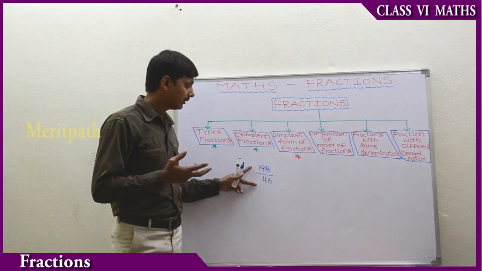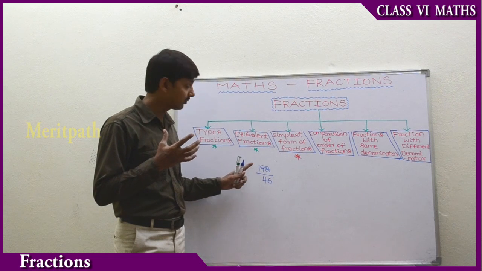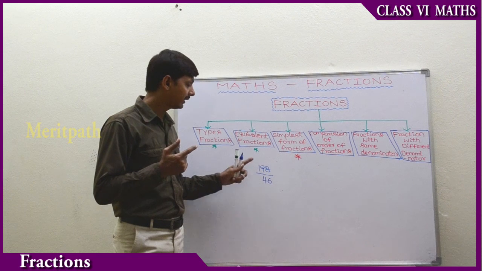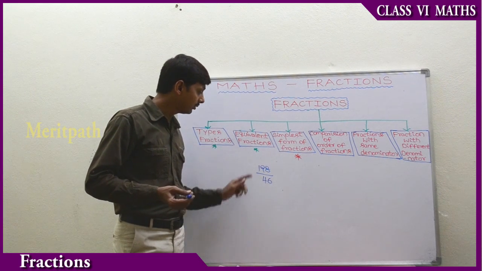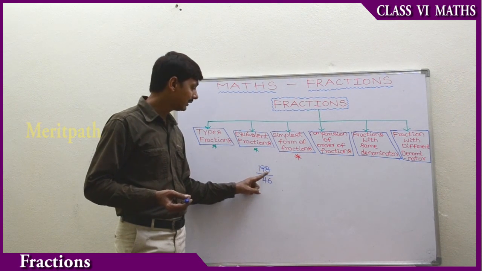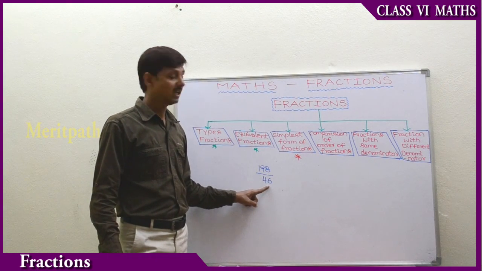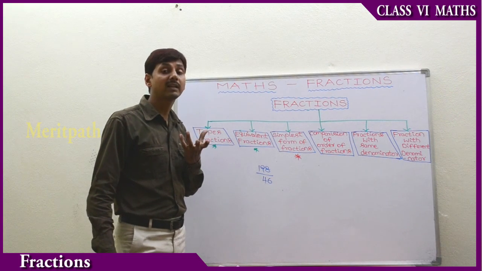So this is a fraction. In this fraction we can observe there is a common factor. We can take a common factor of 2 because 198 is an even number and 46 is also an even number. We'll be getting 2 as a common factor in this.